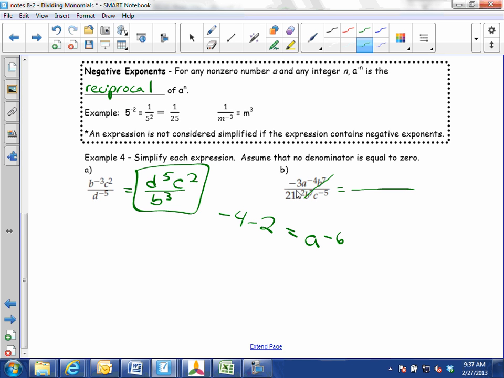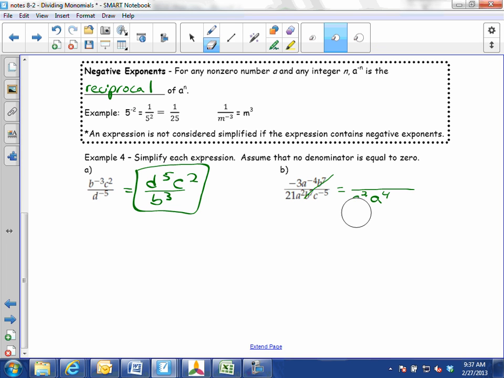The B's cancel out, and then A to the negative 4. But how do you get negative 6? Rather than thinking about it this way, because we're subtracting, you can think, this a tells me move it to the bottom, right? So we have a to the 4th and a squared still in the bottom, so it'd be a to the 6th in the bottom, or a to the negative 6 in the top. Following?